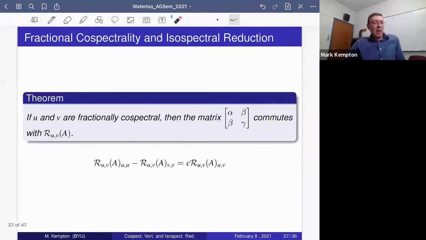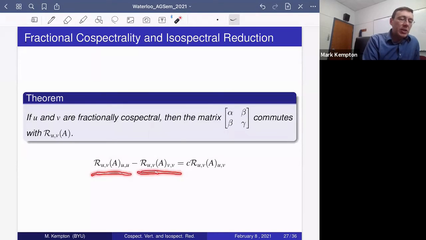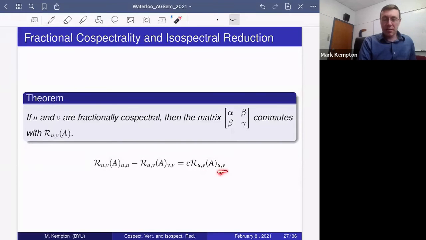What you can prove, and this is work subsequent to the paper that I mentioned, stuff that I've been working on with an undergraduate research assistant, John Tolbert, is pretty straightforward: if u and v are fractionally cospectral, then this matrix has to commute with the isospectral reduction. For cospectral vertices, we needed the two diagonal entries in the isospectral reduction to be equal to each other. Now we're allowing them to differ by some constant times the off-diagonal entry.